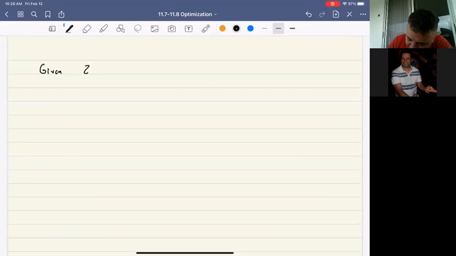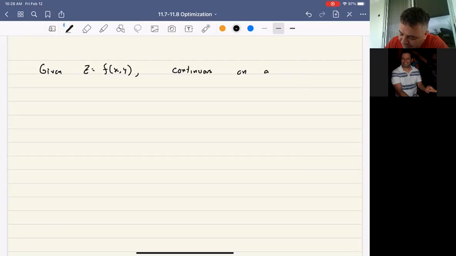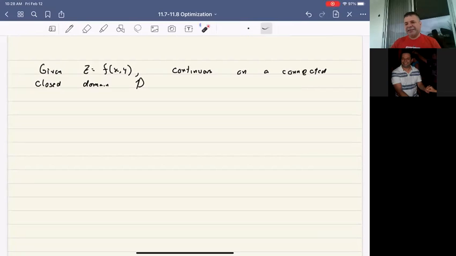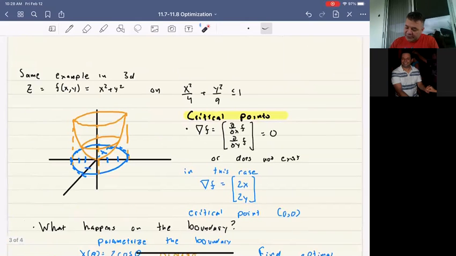Given z equals f of x y, it should be continuous on what's called a connected closed domain D. Connected means that it's only in one piece. And closed means we have to include the boundary.